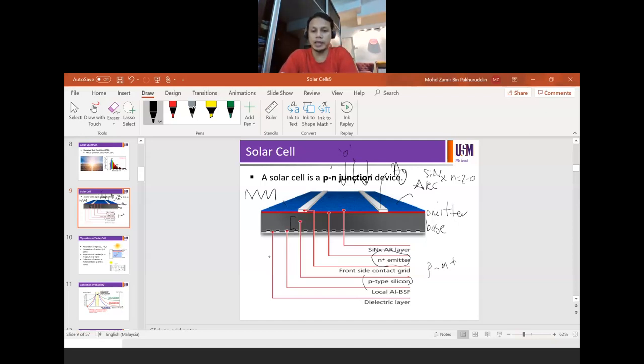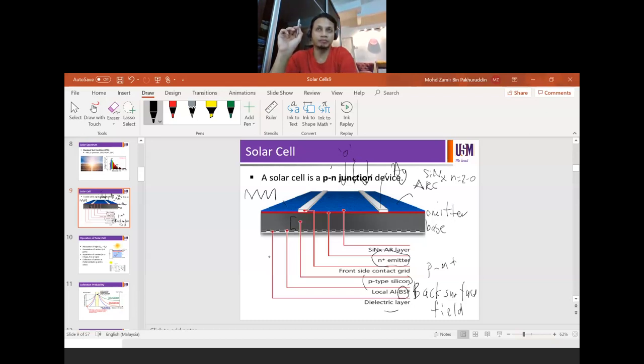Right, on the rear side, we have a dielectric layer and local BSF. This BSF is called back surface field. We discussed it in the recent presentation. Back surface field. Right, what is this BSF?